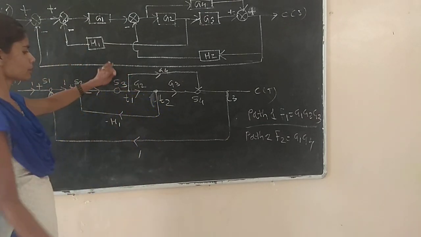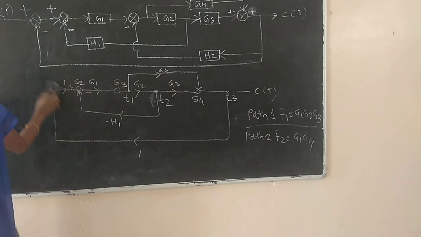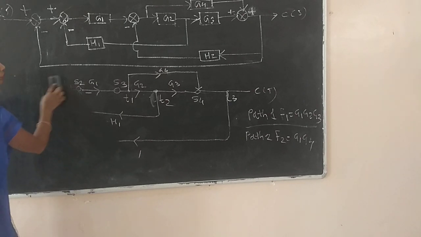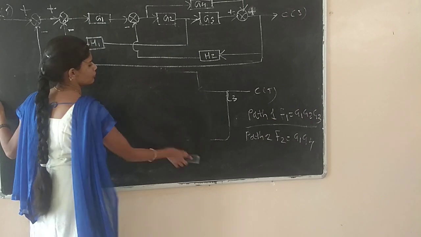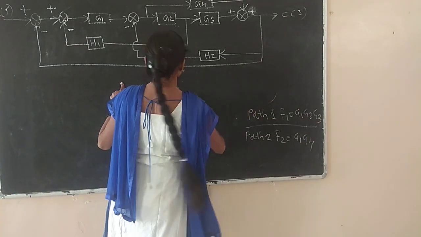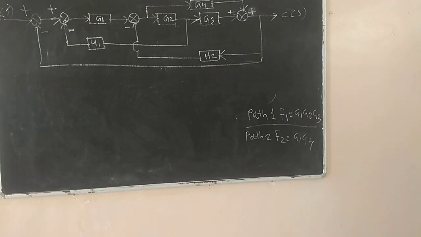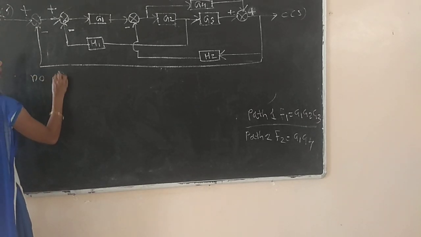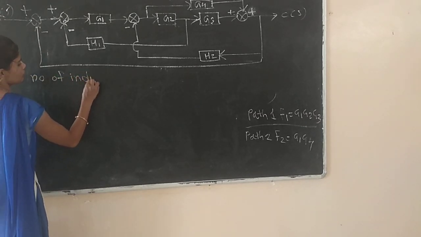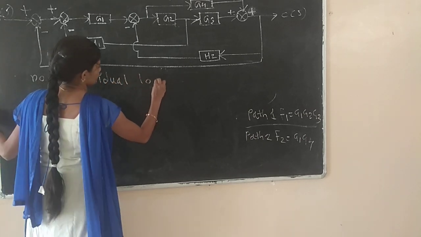Then the second step is finding all individual loops. Individual loop means single loop.